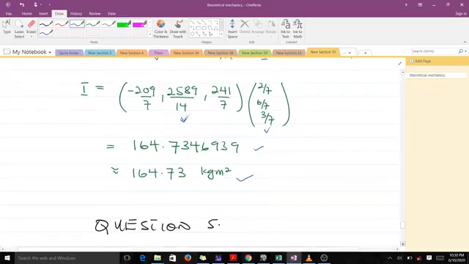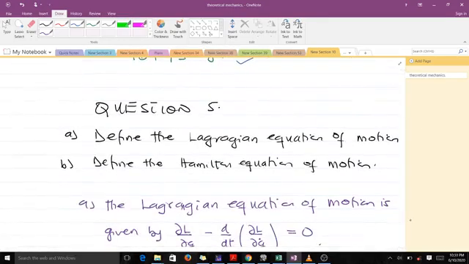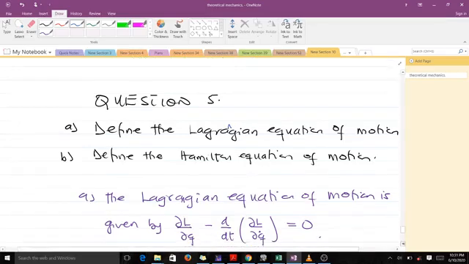Then we have a fifth question which says that we are to define the Lagrangian equation of motion and also define the Hamilton equation of motion. So there is just a slight difference between these two different equations of motion.